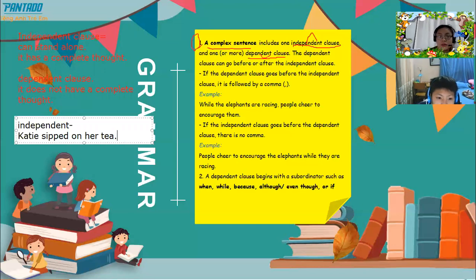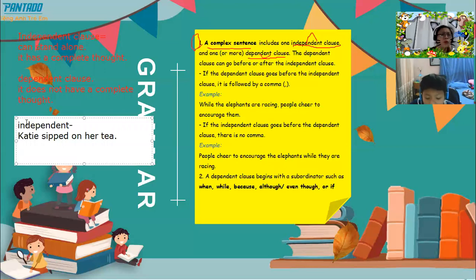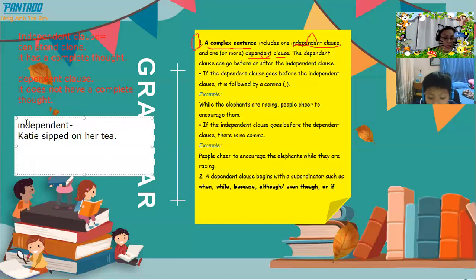Katie is, she is like drinking tea. Yeah. So Katie is drinking her tea or sipping her tea. Very good. While this is an example of dependent clause.